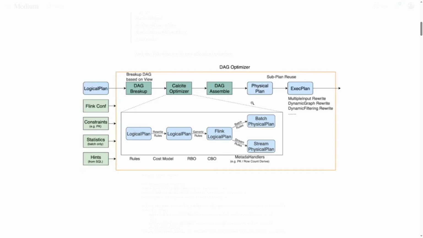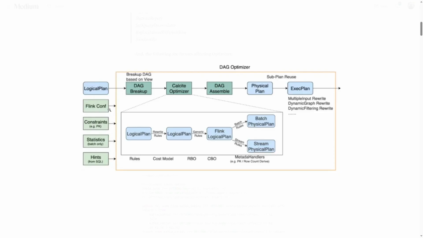In between, there are certain things mentioned. The rules are applied here: cost based model, rule based optimization, cost based optimization, and a metadata handler. These are different parts of this Calcite optimizer.